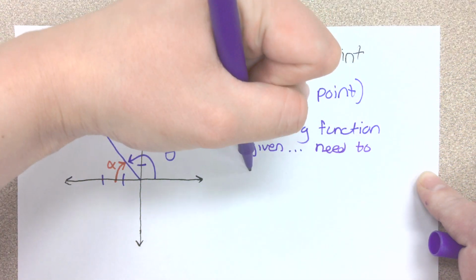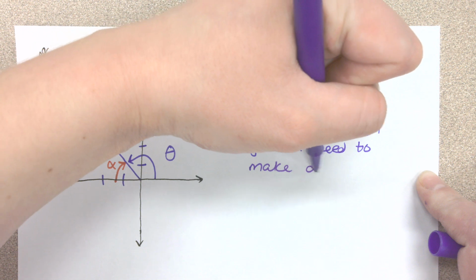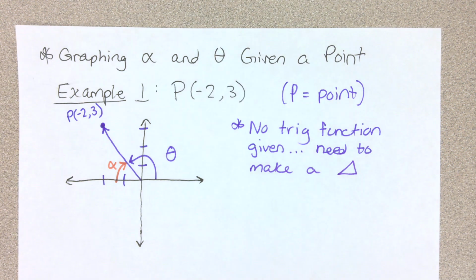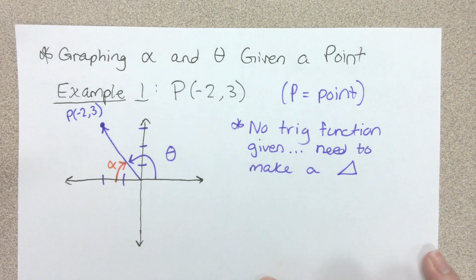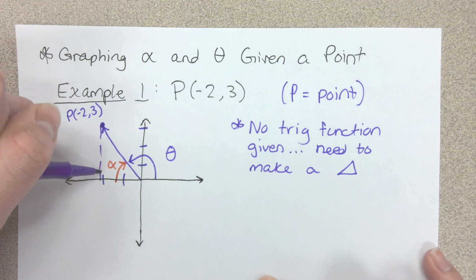Need to make a triangle. So we're going to go from the point to the x-axis, create that right angle.